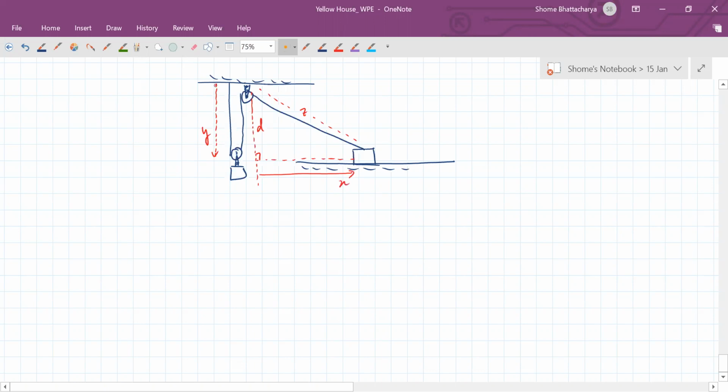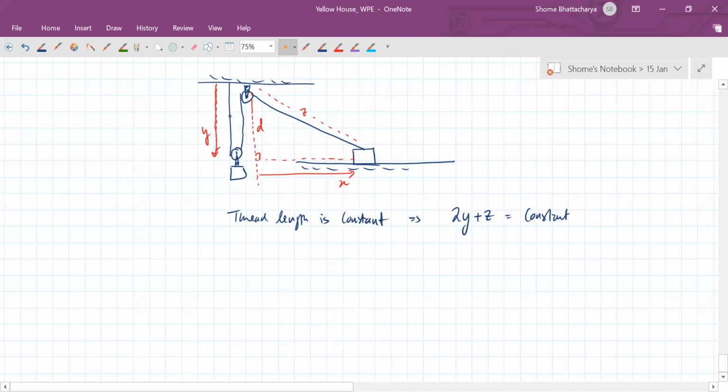So this is x and this is y, okay? So because thread length is constant, that means 2y plus z should be a constant.